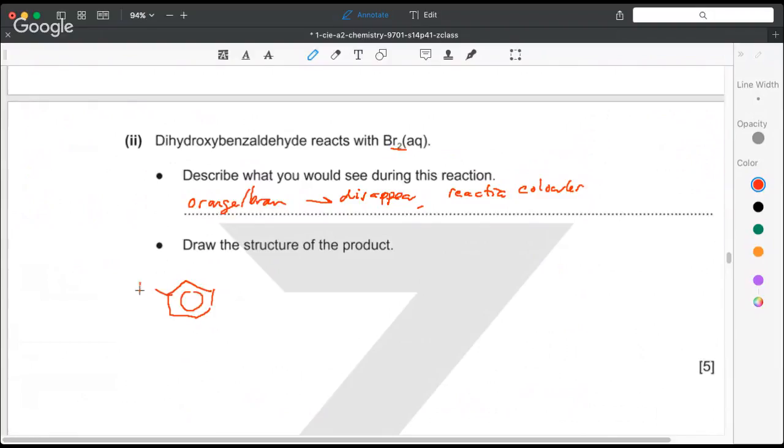It's got this phenolic group here, and that's going to activate and cause a substitution reaction to happen there. And you looked that up in your data book, and that was the ortho position. And you've got this other phenolic group here. It's going to activate that carbon, and you're going to get a substitution there at that ortho position. And nothing happens.